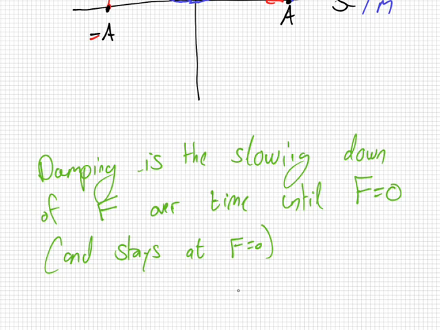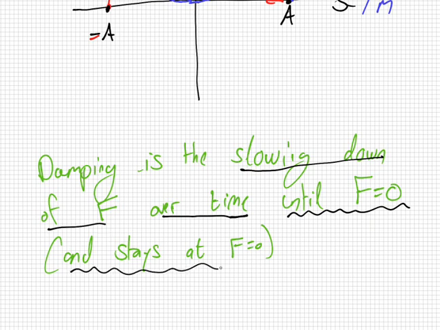Slowing down of F over time. Damping is the slowing down of F over time until F equals 0, and then it stays at 0 forever.